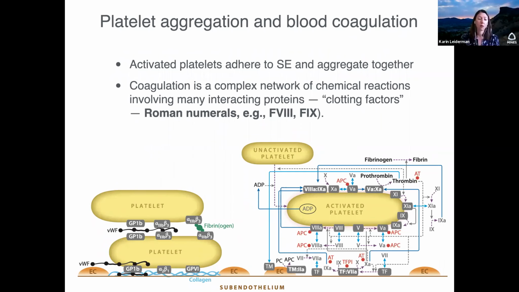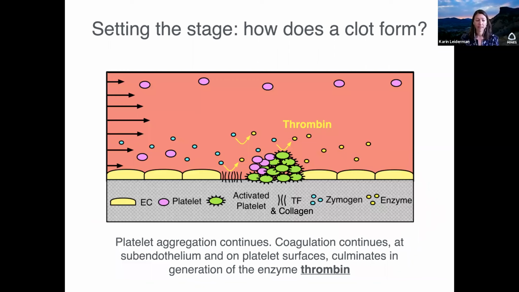respectively. As the process continues, the platelets aggregate and coagulation continues at the subendothelium. Enzymes are created at the subendothelium. They can move through the plasma and begin to react on the platelet surfaces to produce the final coagulation enzyme known as thrombin. I'm going to talk a lot about thrombin today, which is why I wanted to walk through the steps.